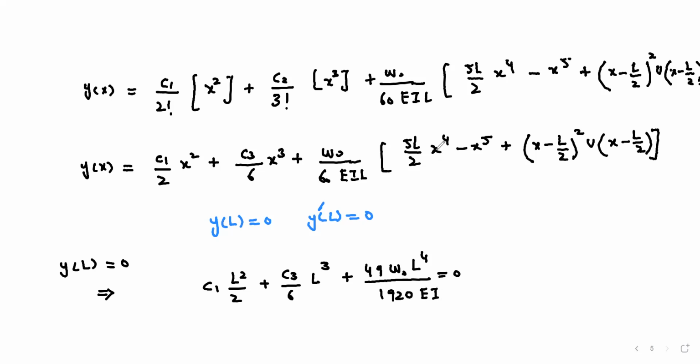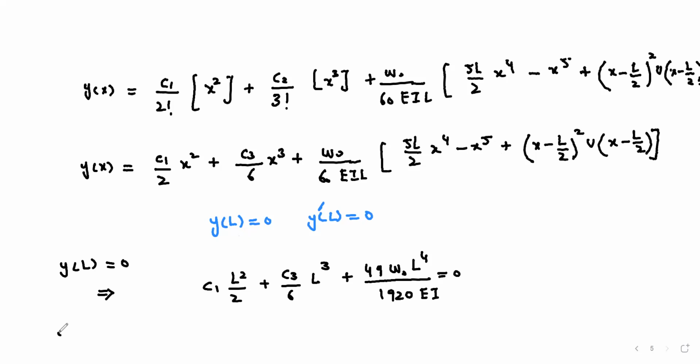Just make calculation. L raised to power 4, L raised to power 5. Here we put L and L. So combine all these and u of L minus L by 2 and use the unit step function, we get this equation.